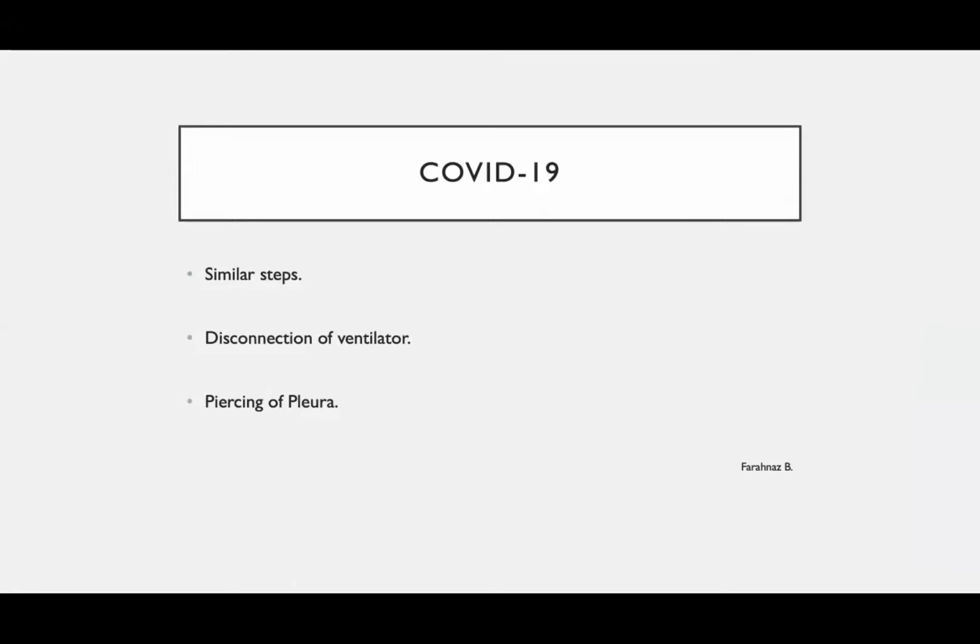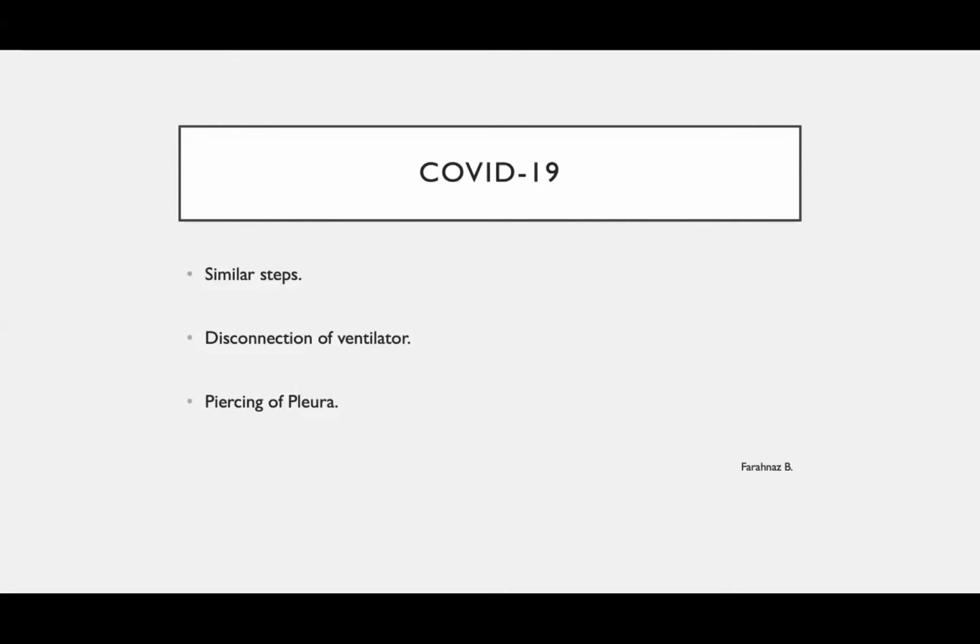There has been a lot of talk as we are currently in the era of COVID-19. There are some recommendations from the British Medical Journal and a lot of societies. But I found this one of the most widely spread opinions, from our colleague Dr. Faranaz.